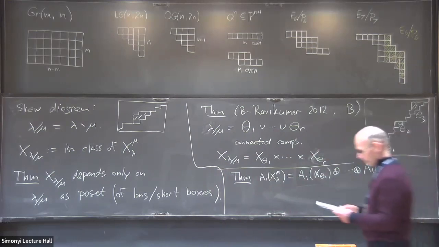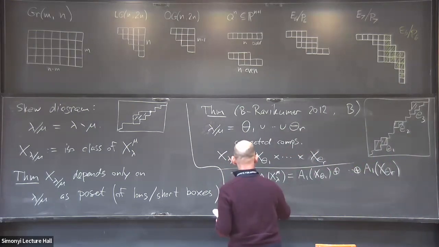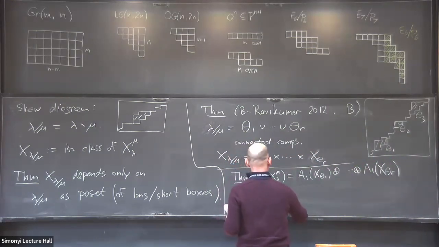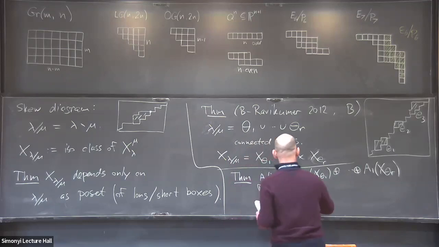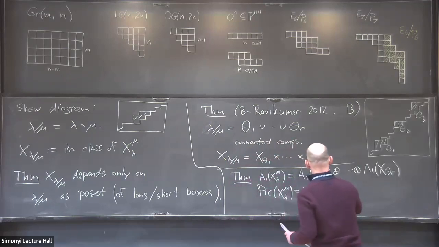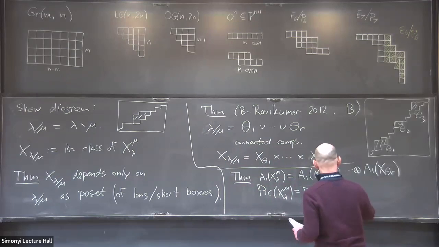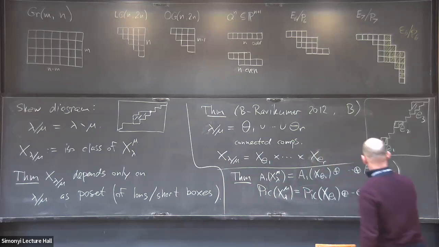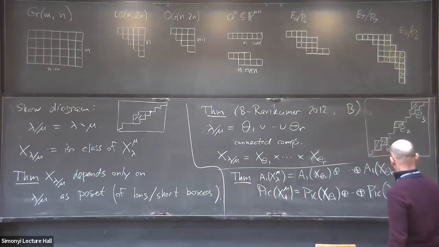And similarly, the Picard group is equal to the direct sum of Picard groups. So I guess that reduces the case to looking at a Richardson variety that just has one connected component in its shape.